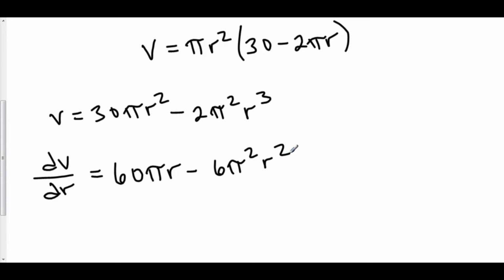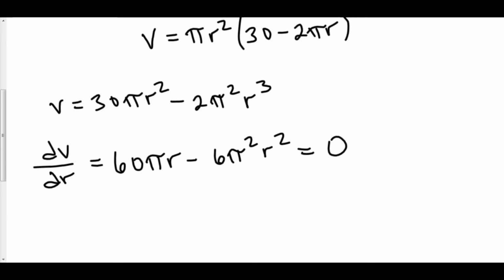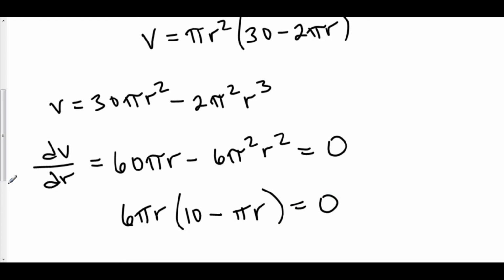And now let's find the critical points of v. We'll do this by setting dv dr equal to 0. Because this is existent everywhere, the only place where we might have possible critical points is when it's equal to 0. Let's factor here. We can take out a 6 pi r, and what's left over is 10 minus pi r, and this is equal to 0.